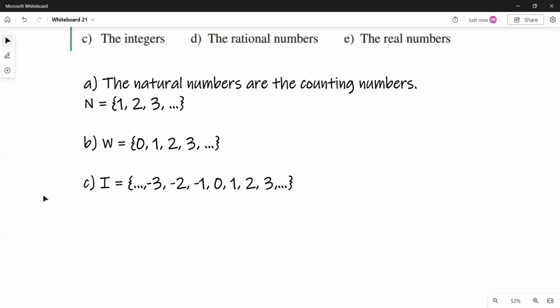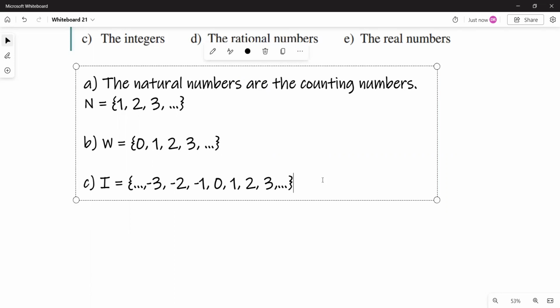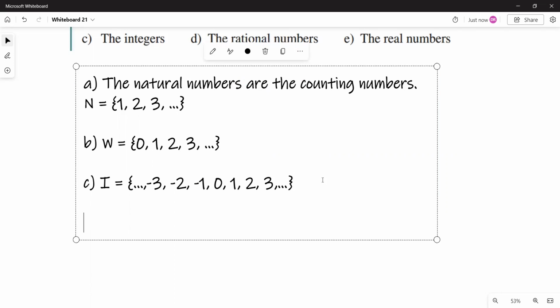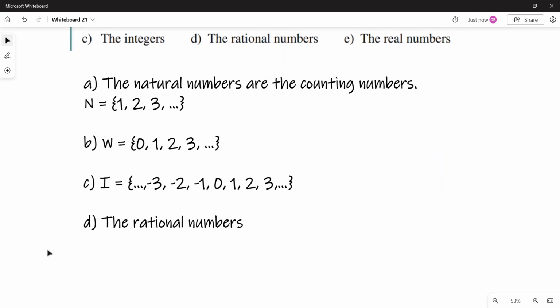Okay, part D is the set of rational numbers. Okay, so let's write this down. The rational numbers. That's going to be the fractions of integers. So we can denote this with the letter Q. We use the letter Q for quotient.